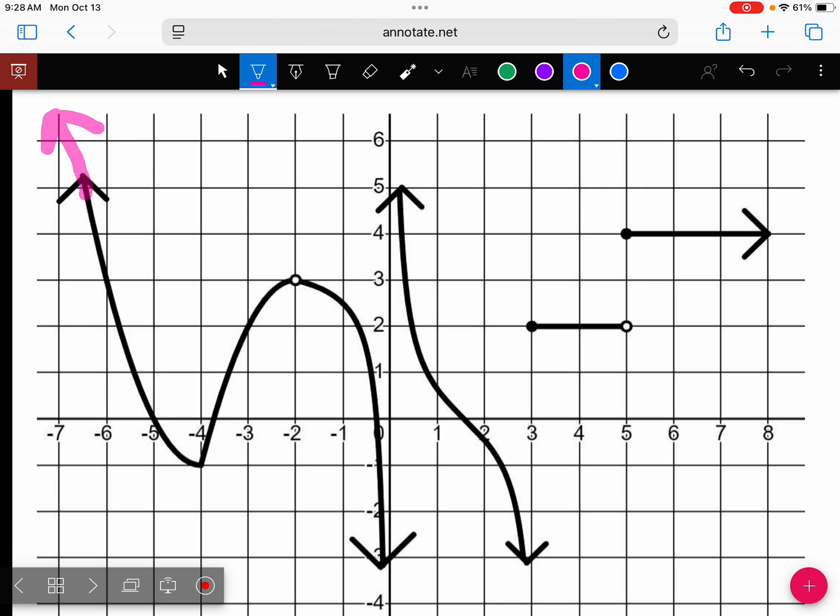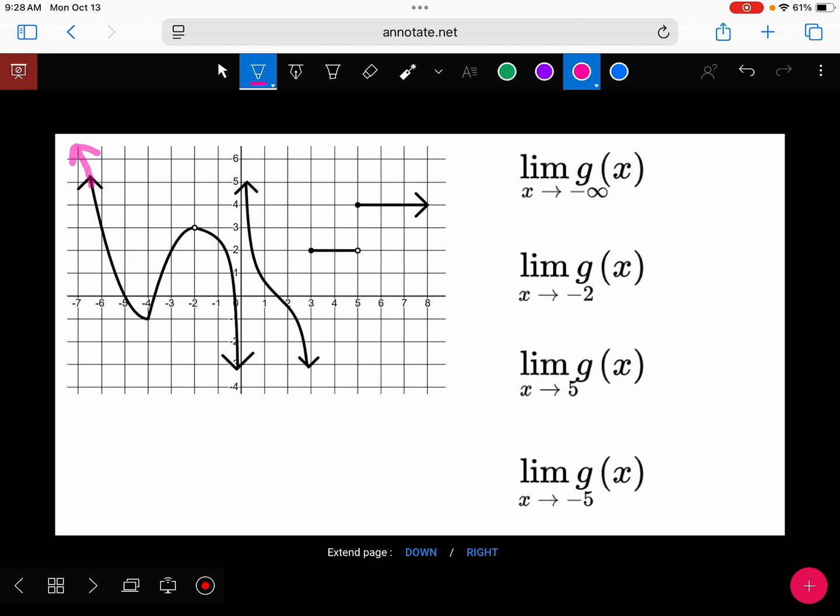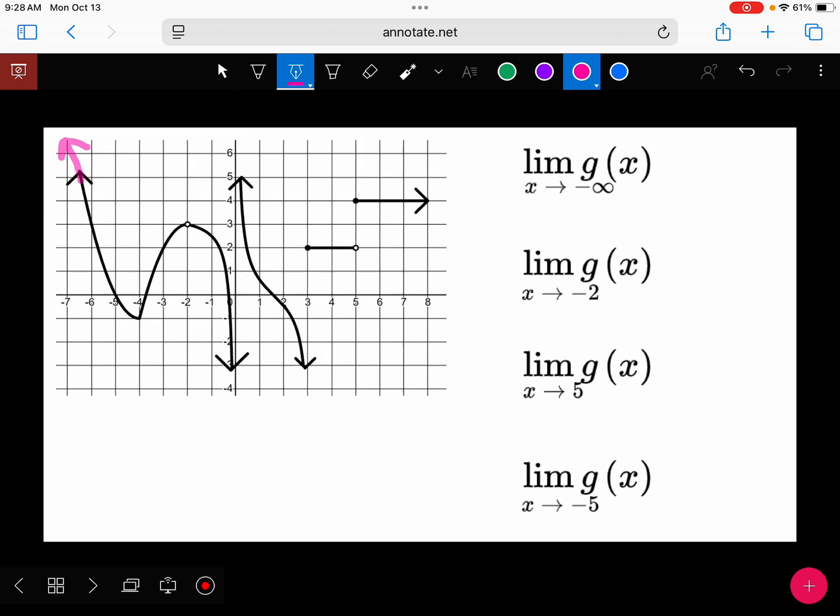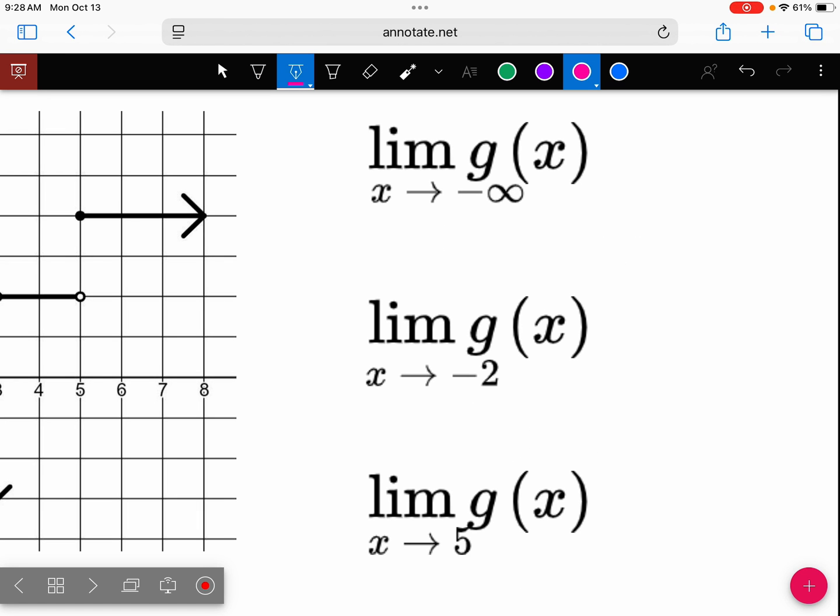It's still going, more and more and more. I just run out of arm. Still up there, I'm sure. As x goes further and further negative, this goes further and further up. So our limit as we approach negative infinity is positive infinity.